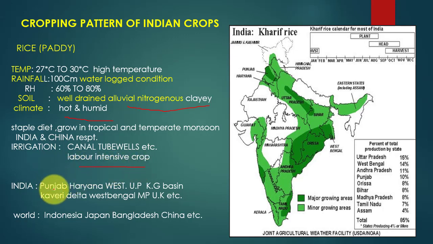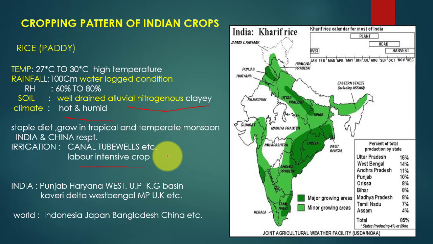Now, in India it grows in Punjab, Haryana, Western UP, Krishna Godavari Basin, Kaveri Delta, West Bengal, MP, etc. These are the major states where rice is grown. The most important thing is that in the last few years, one question was asked: which country produces the most rice in the world?